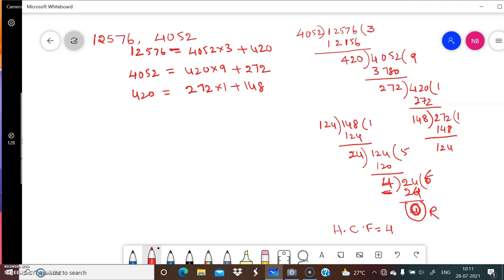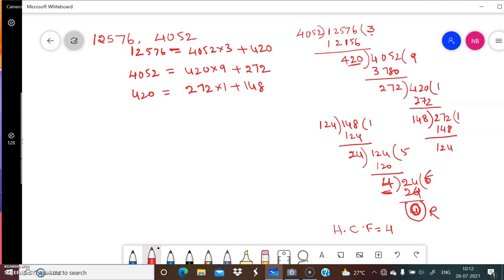That is, dividend is equal to divisor 4,052 into its quotient 3, and whatever the difference we got, we write as plus remainder 420. Now the next step is 4,052 is equal to this divisor 420 into its quotient 9 and the remainder 272.